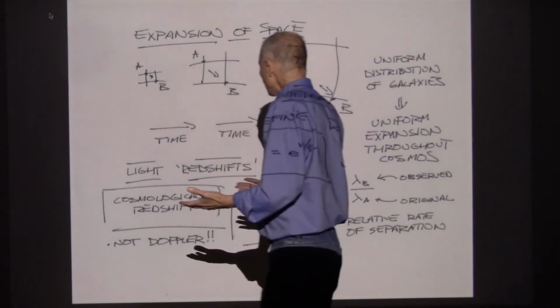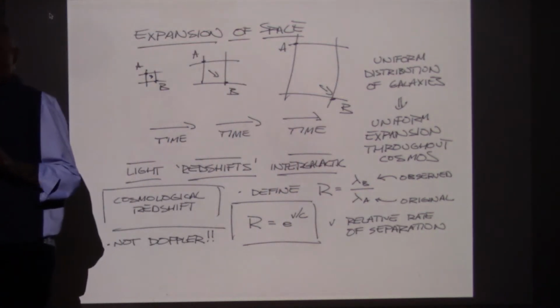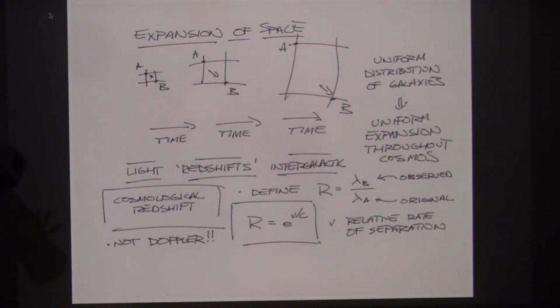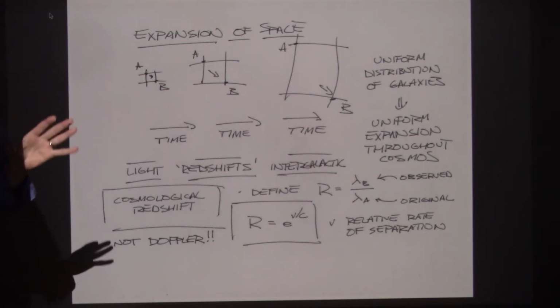But instead what we see is that all of the galaxies, pretty much, once you get past a certain distance, are moving away from each other, and that rate of separation is correlated with distance.